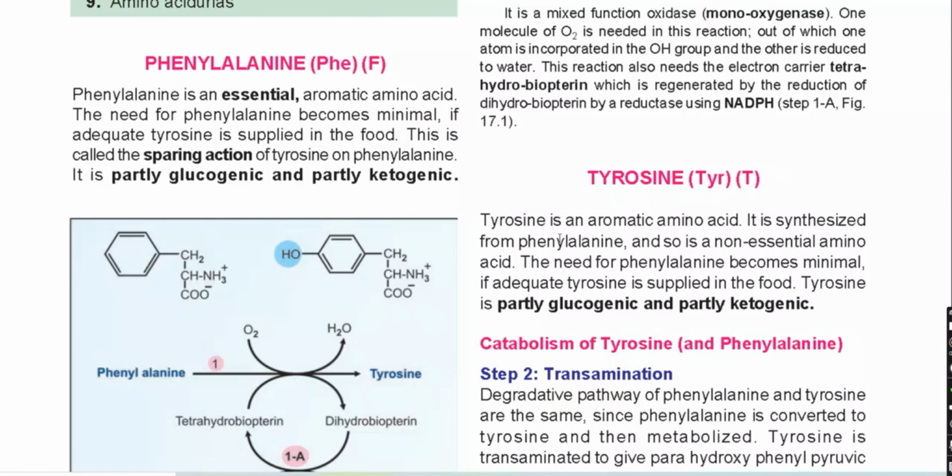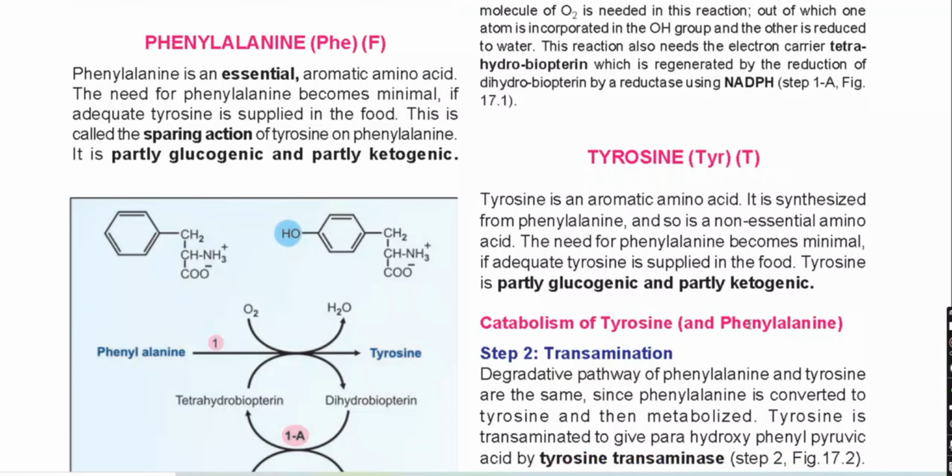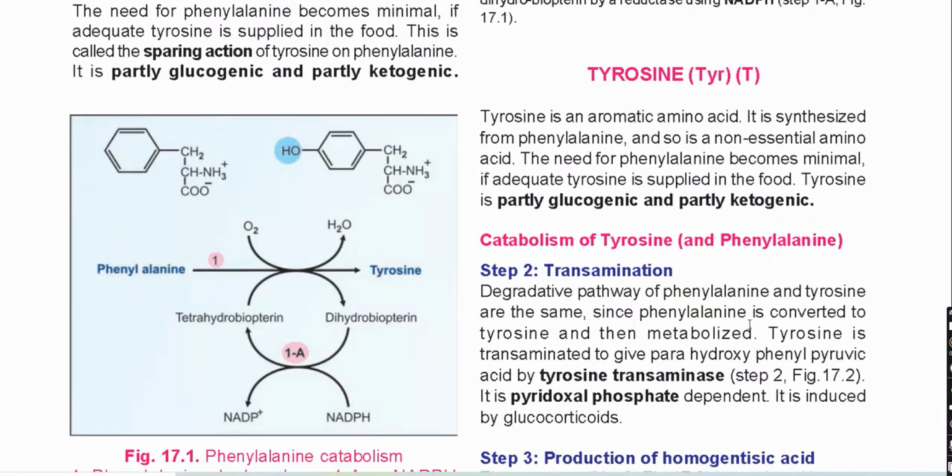So now this tyrosine will be catabolized. Tyrosine is also a non-essential amino acid, and it is partly glucogenic as well as ketogenic. Why? Because the catabolism of tyrosine involves several steps.